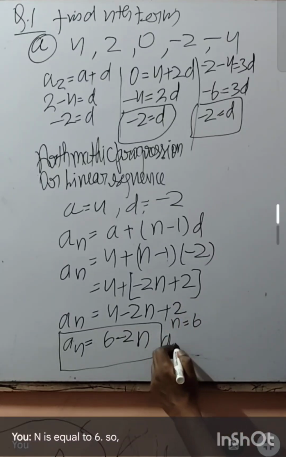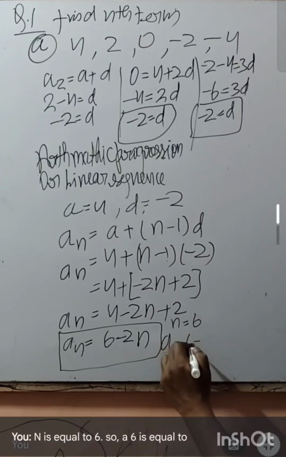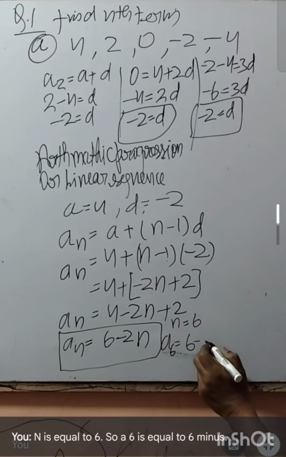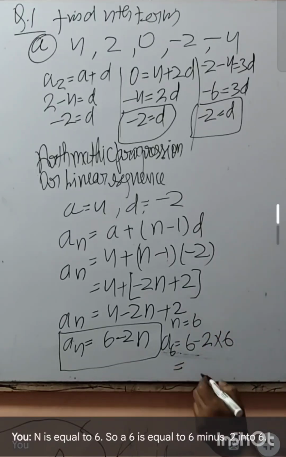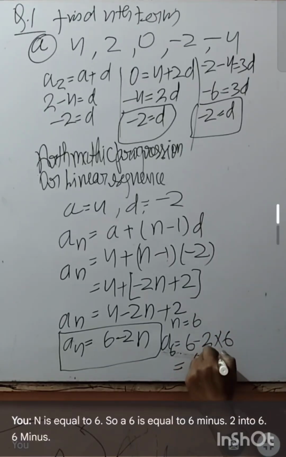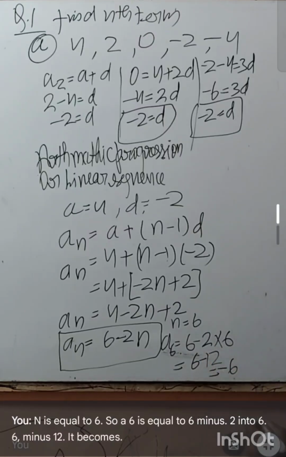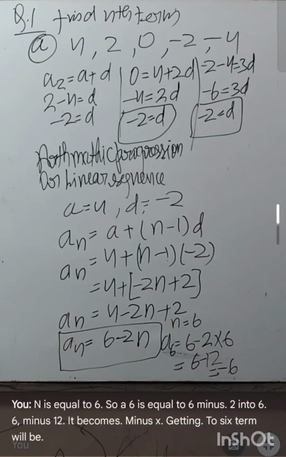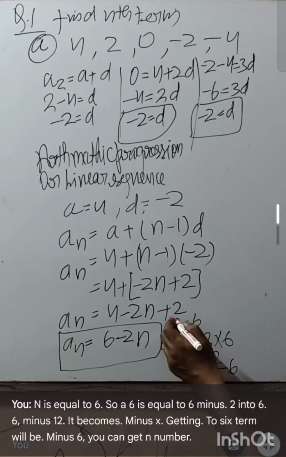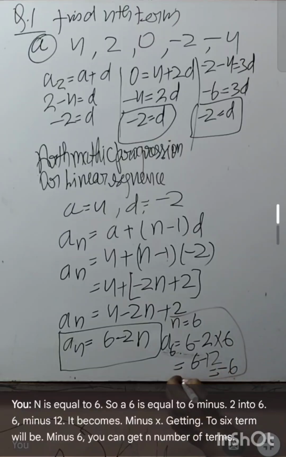So A6 is equal to 6 minus 2 into 6. 6 minus 12 becomes minus 6. Getting? So sixth term will be minus 6. You can get n number of terms with this nth term.